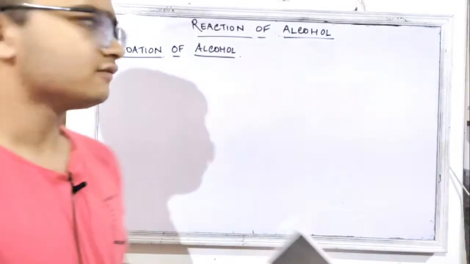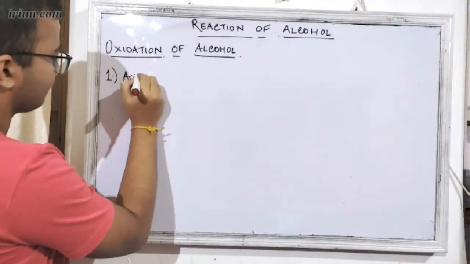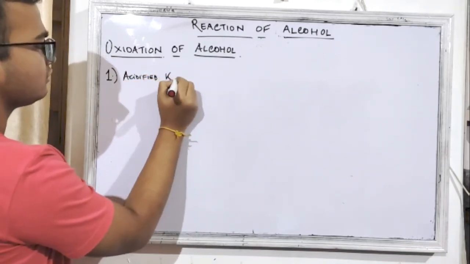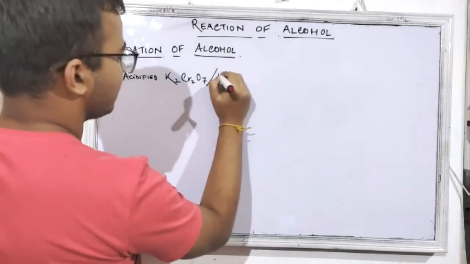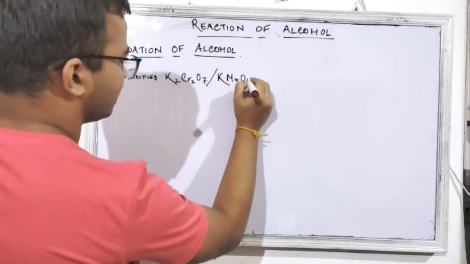So for the first case, if you take acidified K2Cr2O7, which is the potassium dichromate, or you can take KMnO4, which is the potassium permanganate.